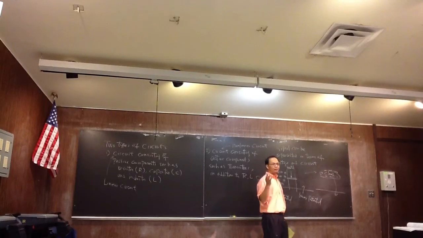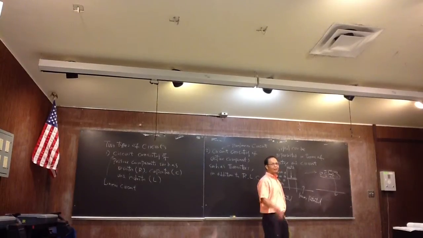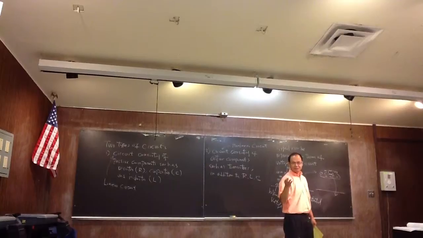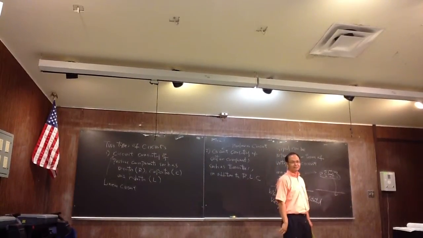Is the air a conductor or an insulator? It's an insulator. Why? Because if the air were a conductor, all of you would be dead, with so many high voltages around us. So the air is an insulator.